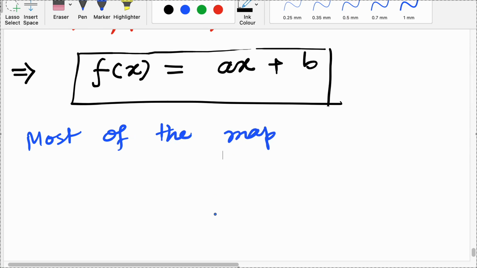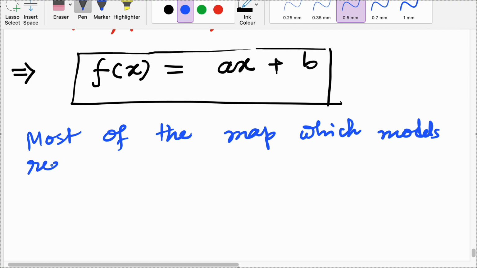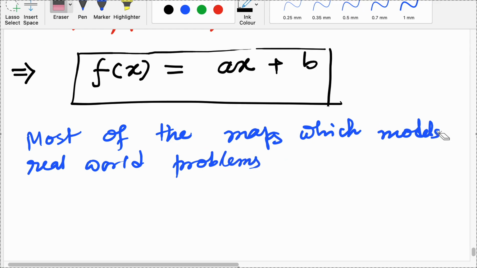Most of the maps which model real world problems are non-linear in nature.